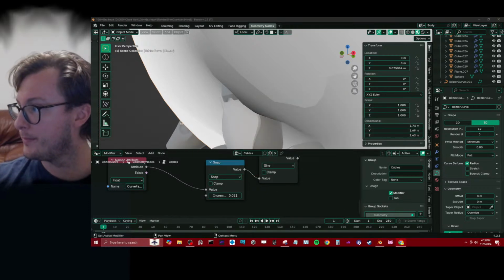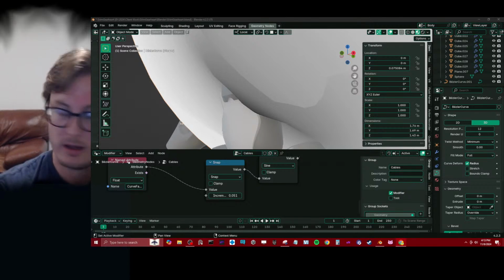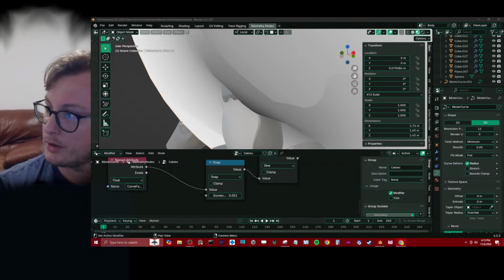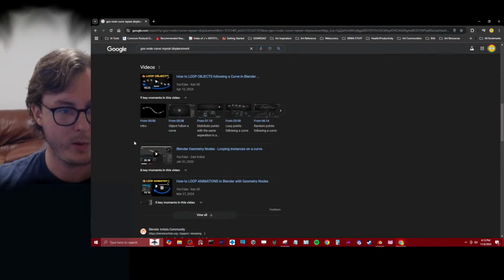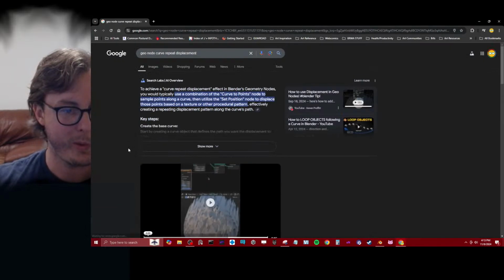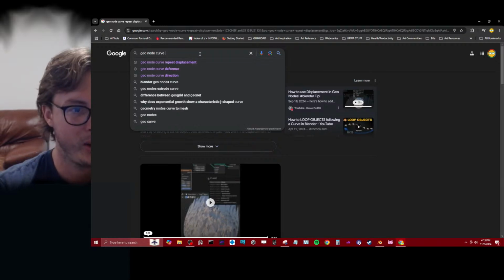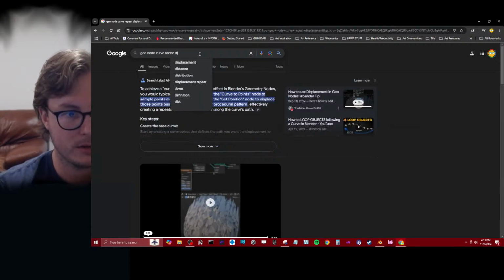Just Google that up. GeoNode curve repeat this placement. Factor displacement.